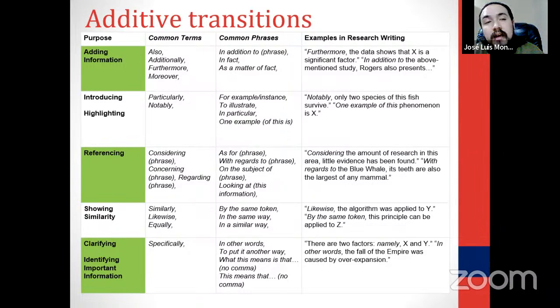In the second column, you have phrases: in addition to, in fact, as a matter of fact, to add something else. So you say one complete idea, period.